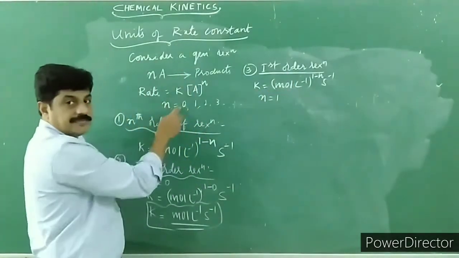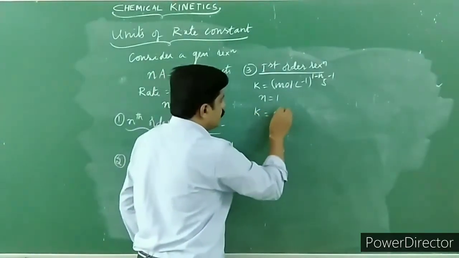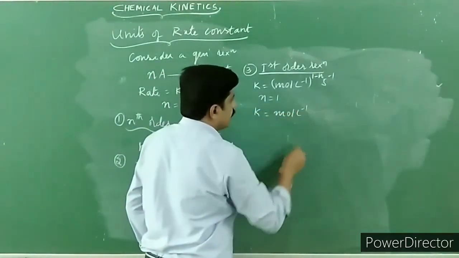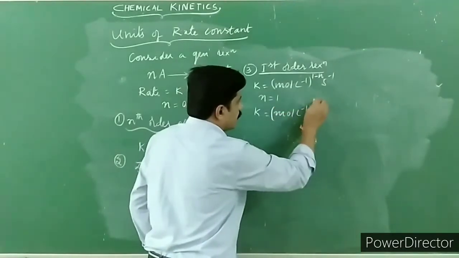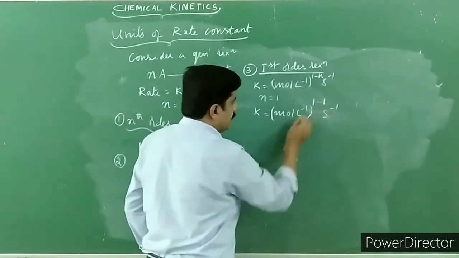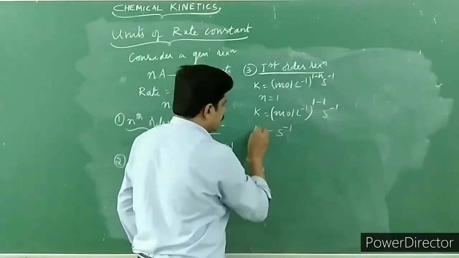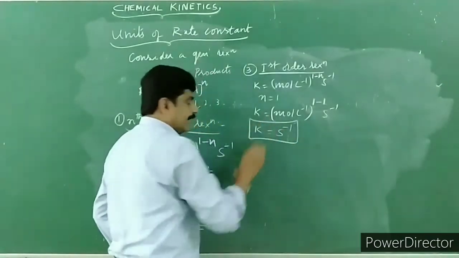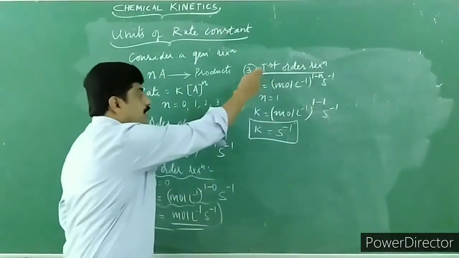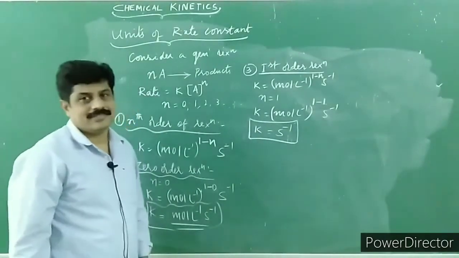Because n is equal to 1, it becomes first order reaction. Now what do I write? So K is equal to mole per liter raised to 1 minus n, n is equal to 1 here, per second. So the power becomes 0, the entire quantity becomes 1, and the unit is per second. So unit of rate constant for first order reaction is per second, second inverse.